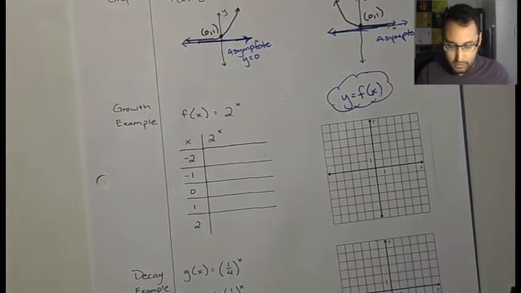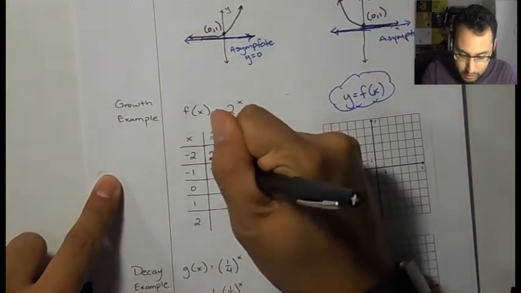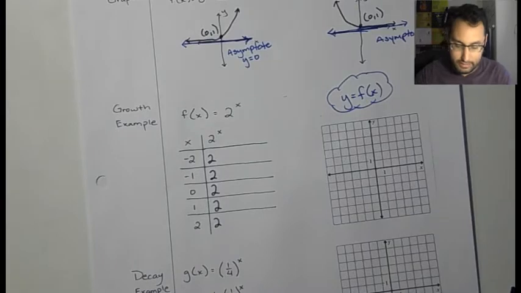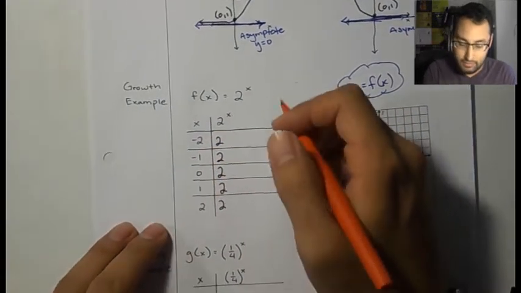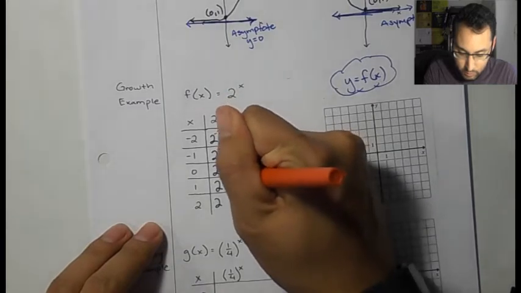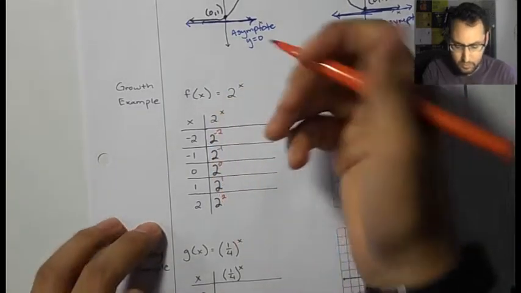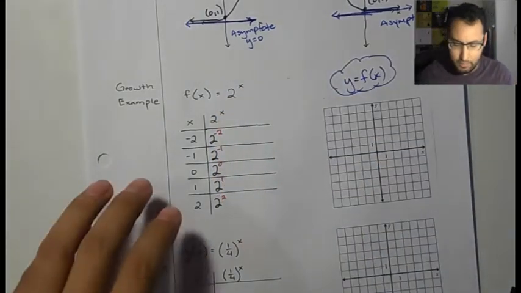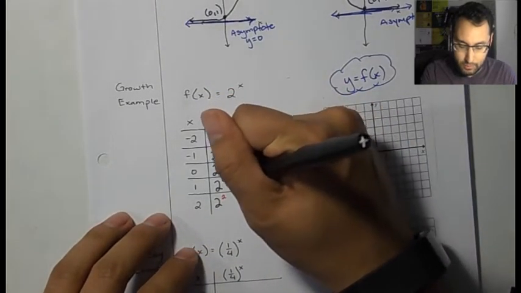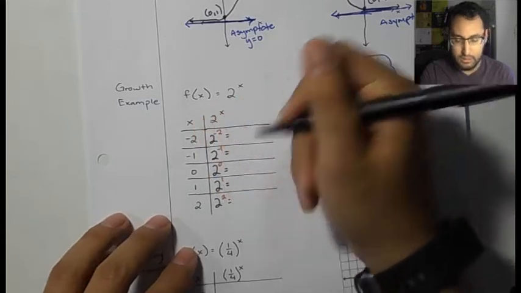Okay, so let's go ahead and I'm going to put 2 to the x power. But instead of x's, I'm going to replace them with the x's that we have on the left-hand side. So this is -2, this is -1, 0, 1, and 2. Now as we simplify, these are going to require a lot of understanding from exponent properties from previous sections.